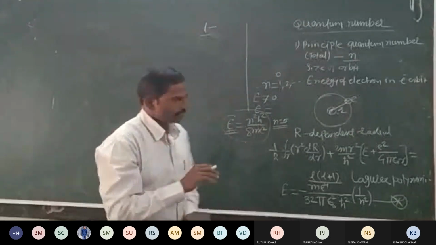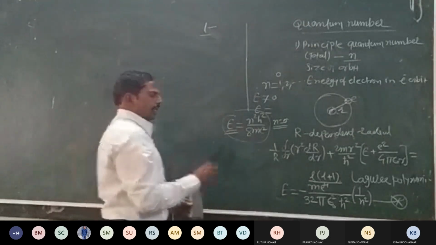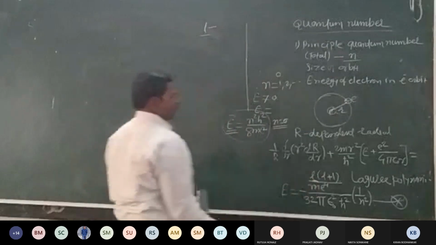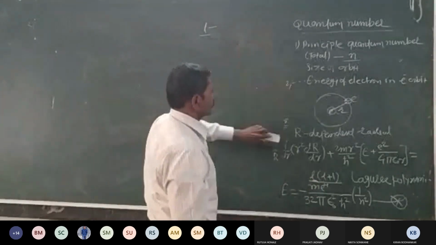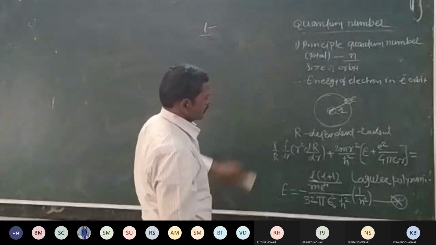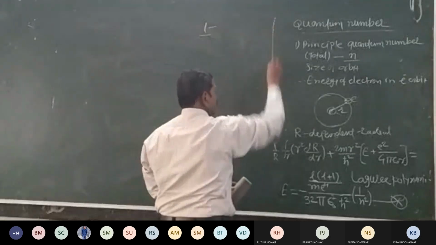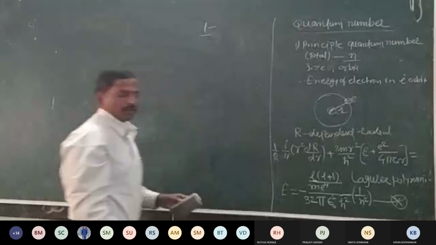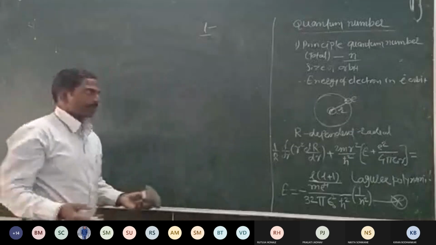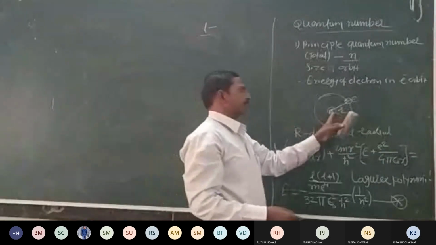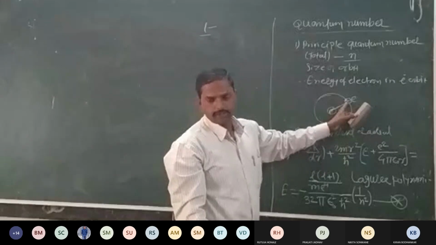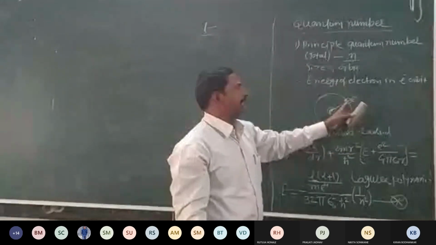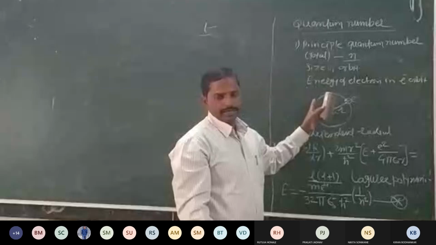And this orbital quantum number L can be explained as, now see, आता पुन्हा बघा, if I have to say this R means radius of the orbit is to be given by principal quantum number n.